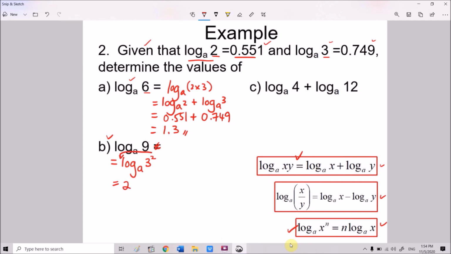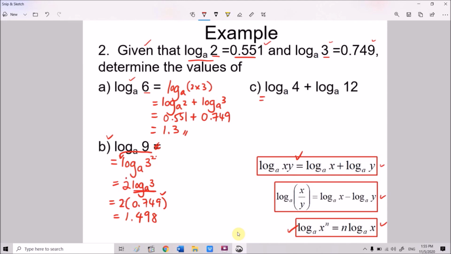So you get 2 log base a of 3. And log base a of 3 is equals to 0.749, which is equals to 1.498. So you have to be careful here to move the 2 to the front here before you multiply.